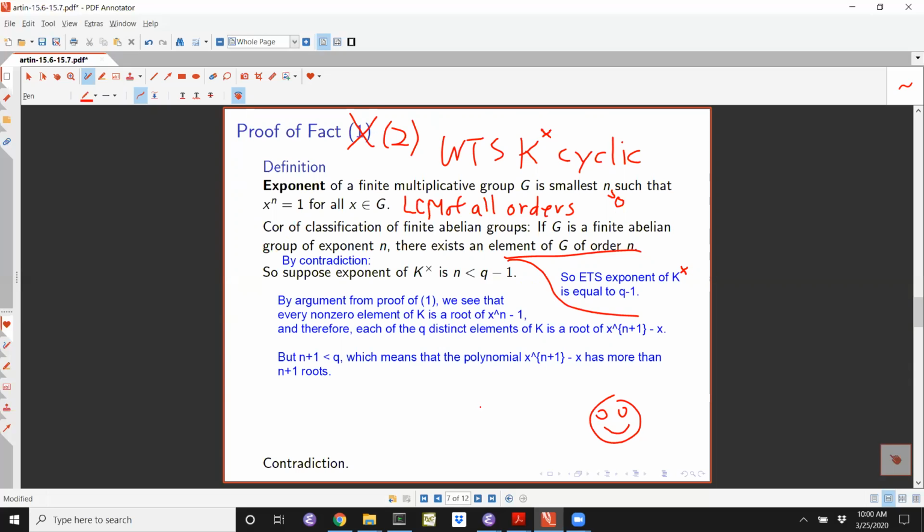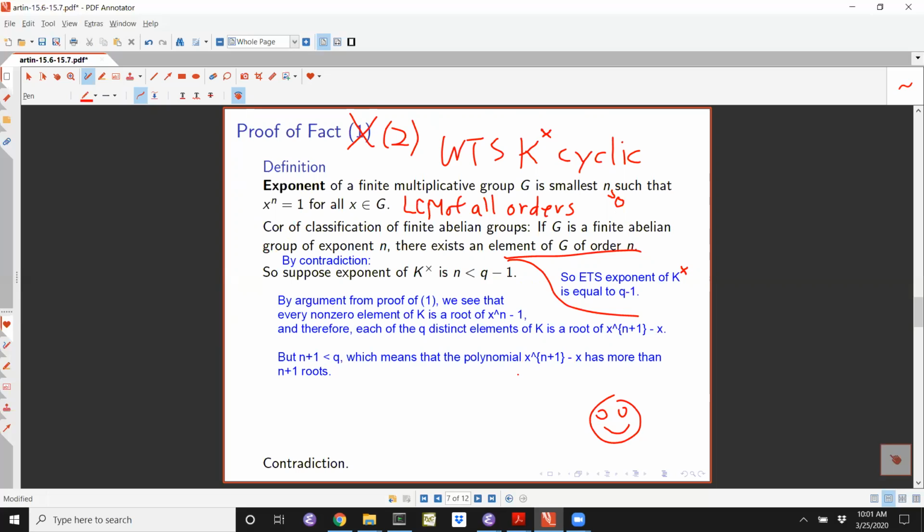Well, suppose it's smaller. Then the same argument from the proof of 1 shows that you have a polynomial of degree strictly less than q, which has more roots than its degree. Contradiction. So is everybody good with that?